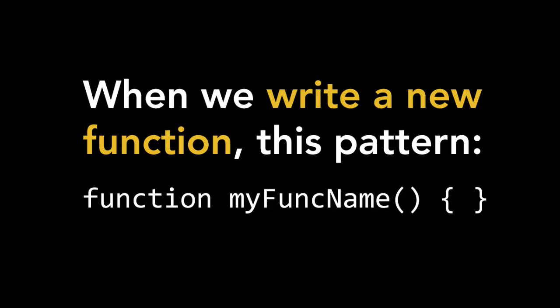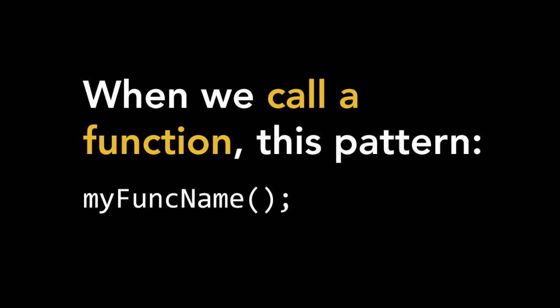So one thing about functions that you need to be very, very clear about is that when you write a function for the first time, you're going to use one pattern, because this is where the function is spelled out. This is where the whole function resides. But when you call the function, which is necessary for it to run, you don't write the word function. You don't use the curly braces.